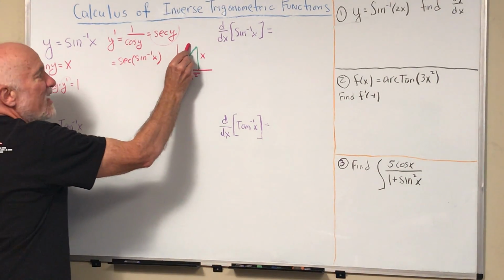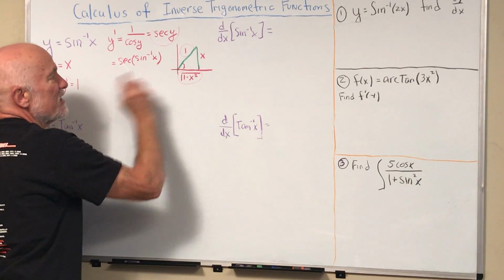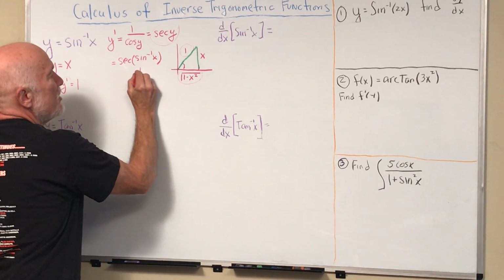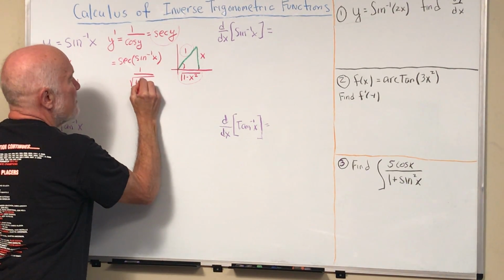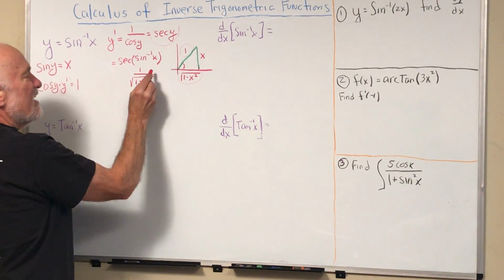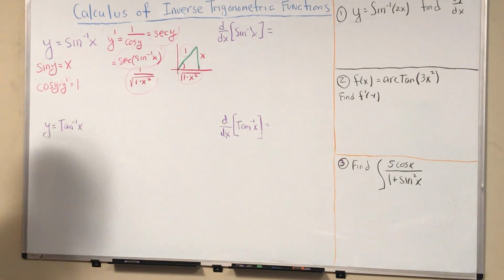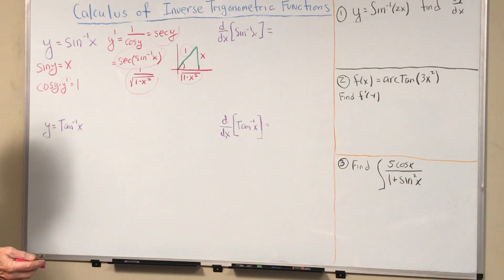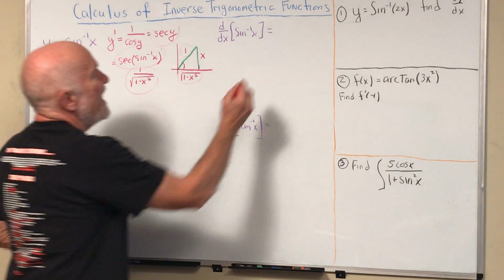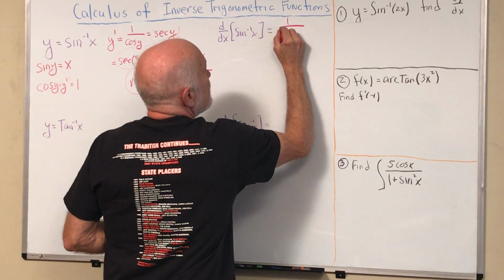Well, the secant is the hypotenuse divided by the adjacent. So you get 1 over the square root of 1 minus x squared. I think that's nicer than that. They're both correct, but this is something that would be more easily used. So I'm just going to put that as our new formula.